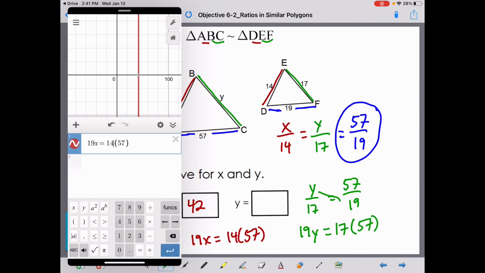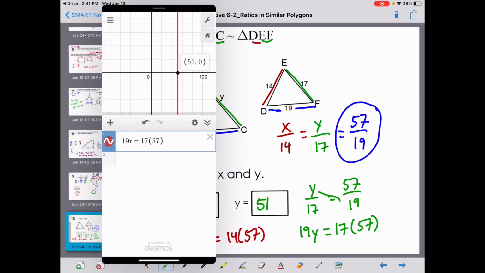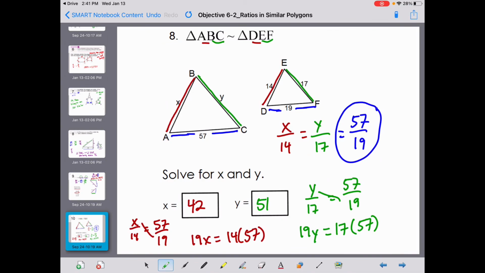So let's go over here. Change this just a little bit. Equals 1757. Y is 51. That's it, guys.